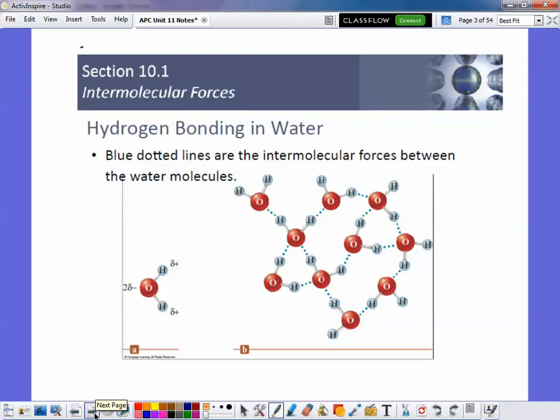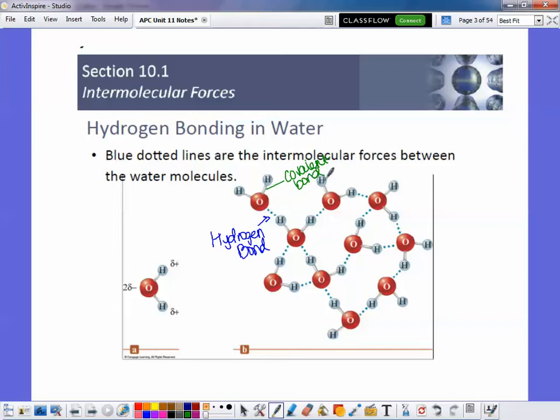All right, so hydrogen bonding. I talked about water before. Your diagram is not colorful like this one is, but these blue dotted lines within here, those are my intermolecular forces. This is a hydrogen bond, which I know has the word bond in it, but remember that's just a force. And then within the molecule, like this right here, is my covalent bond.